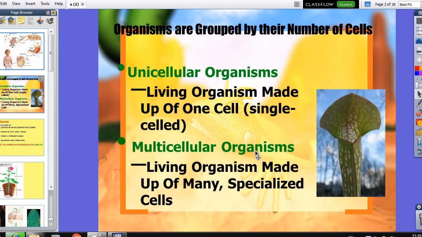Multicellular living organisms are the living organisms whose body consists of many or a large number of cells. That's the difference between unicellular and multicellular living organisms, depending on the number of cells.